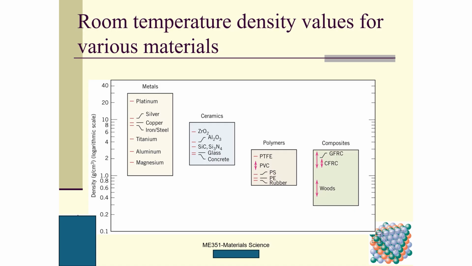We can see metals usually have higher density, composites have relatively low density, ceramics have decent density, and polymers have low density. The metals here include platinum, silver, copper, iron, steel, titanium, aluminum, and magnesium. These are commonly used metals.